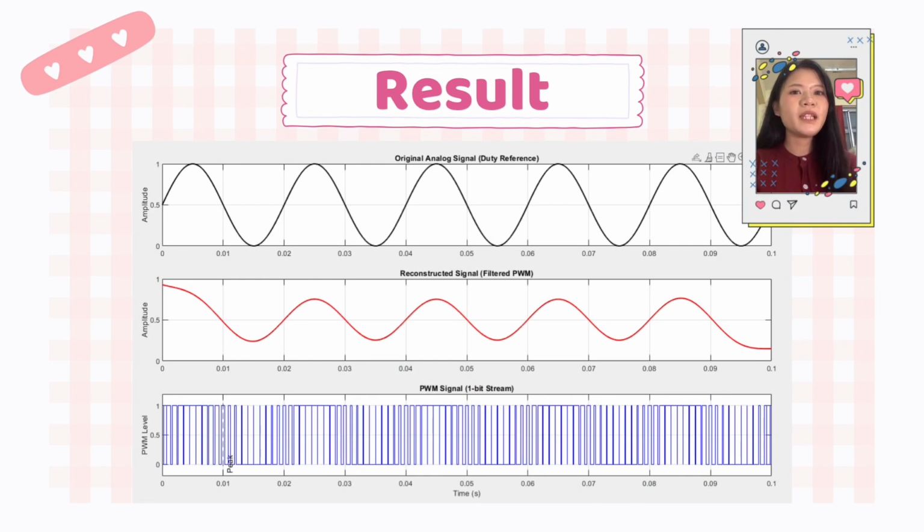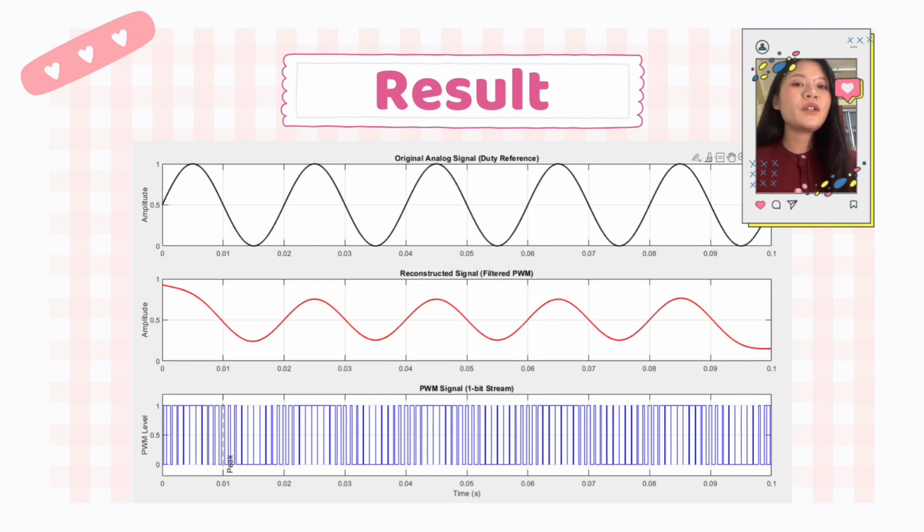Next, I will explain the simulation results. This simulation models how a DC motor speed can be controlled using pulse width modulation, and how the analog speed signal can be reconstructed from the PWM signal using a low-pass filter. For plot 1, original analog signal, this plot shows the original analog control signal, which varies sinusoidally.